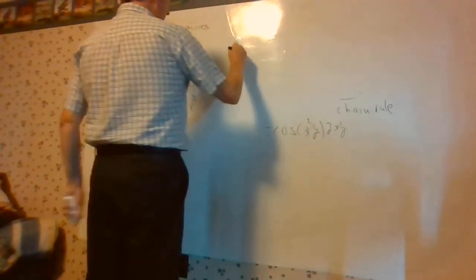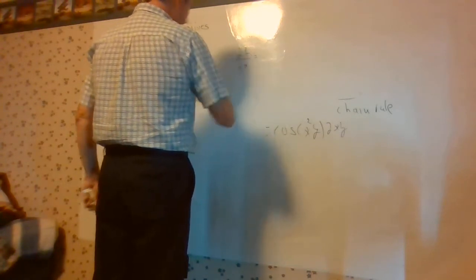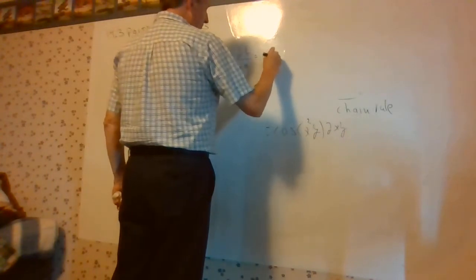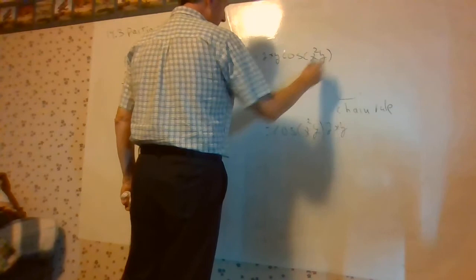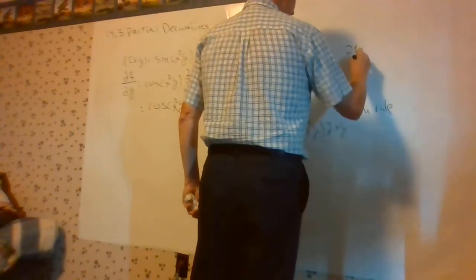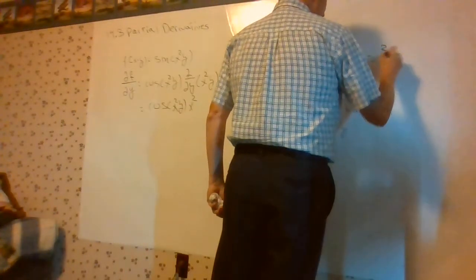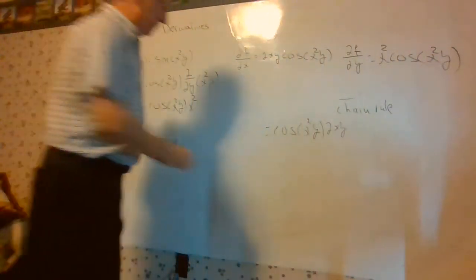We have partial of f with respect to x is equal to 2xy cosine x squared y. Partial of f with respect to y, you can put the x squared in front, not essential, but we'll do it, x squared cosine x squared y. Now there's two first partial derivatives.